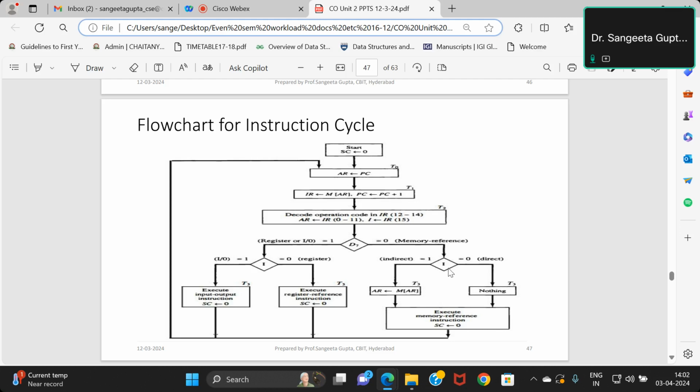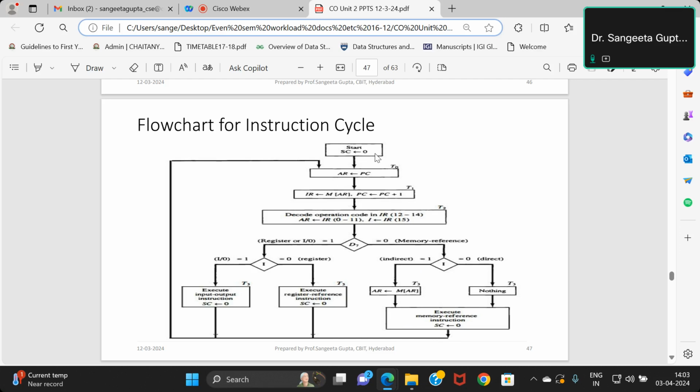But if the instruction has an indirect address, in the sense that the operand is not directly available in memory, but rather the operand is represented by an address which is in turn an address in memory, then we have to fetch the memory word at that particular address and update the address register with that memory word, and we execute the memory reference instruction and then set the sequence counter to 0. This is the process which we repeat for each and every instruction in a program that has to be executed.